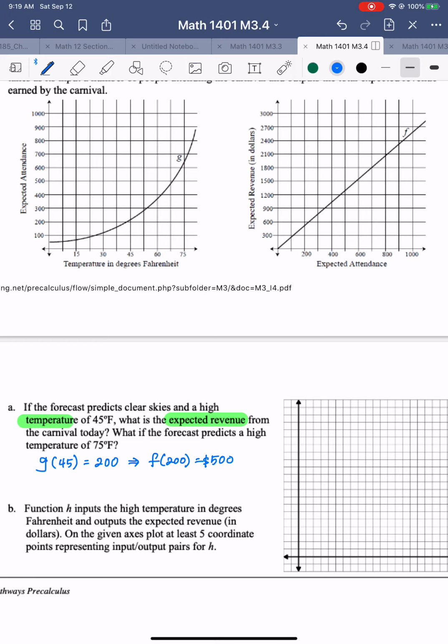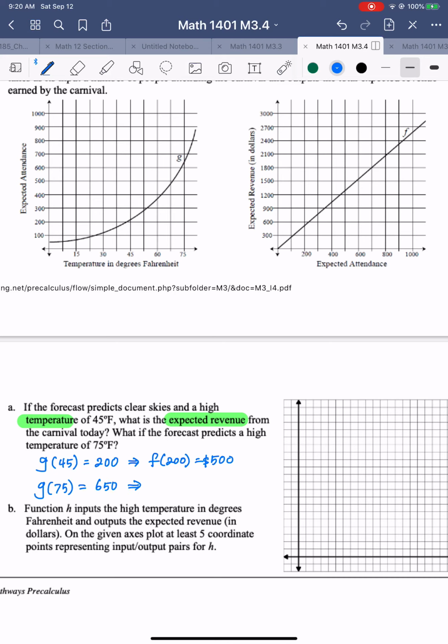Now we are using 75 degrees, right here. Using the g function, how many people are attending? Can I say about 650? So g of 75 degrees gives us 650 people coming in.